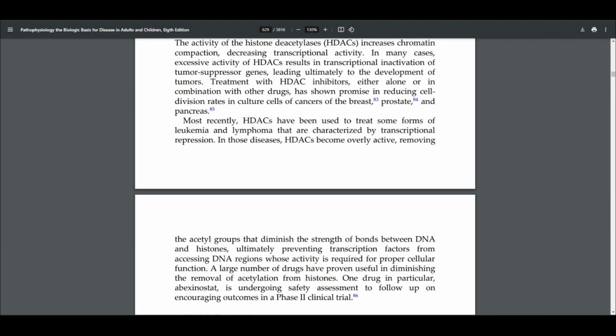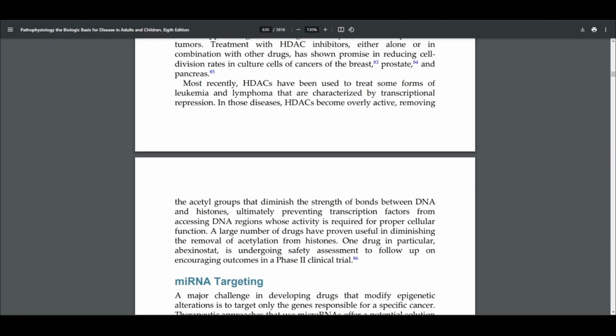Most recently, this medication has been used to treat some forms of leukemia and lymphoma that are characterized by transcriptional repression. In those diseases, the deacetylase becomes overly active, removing the acetyl groups that diminish the strength of bonds between DNA and histones, ultimately preventing transcription factors from accessing DNA regions whose activity is required for proper cellular function.